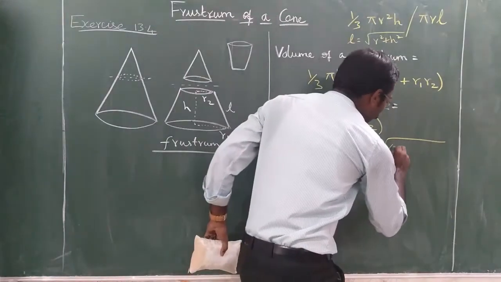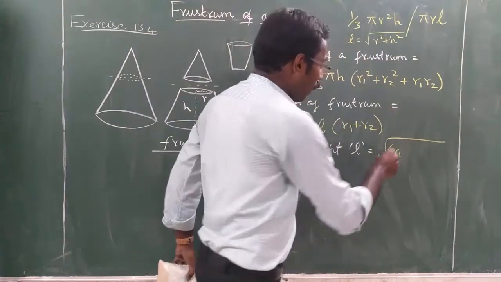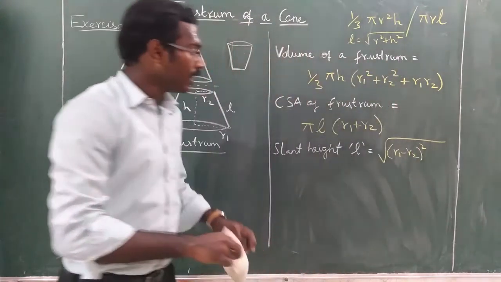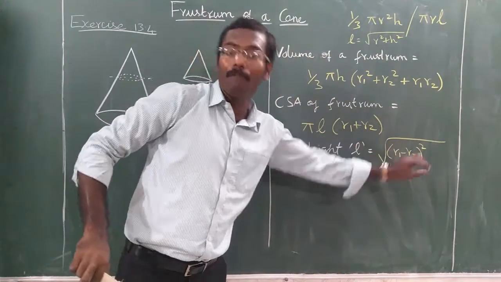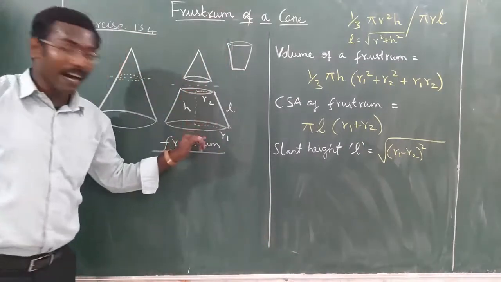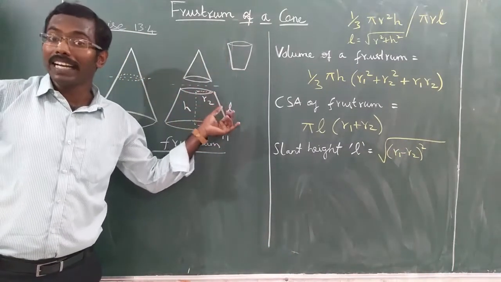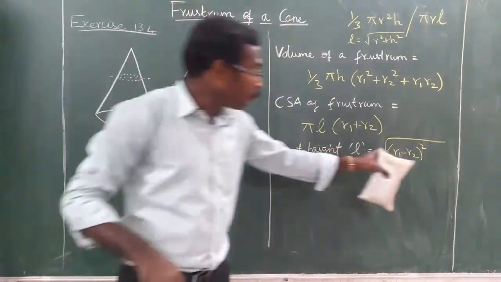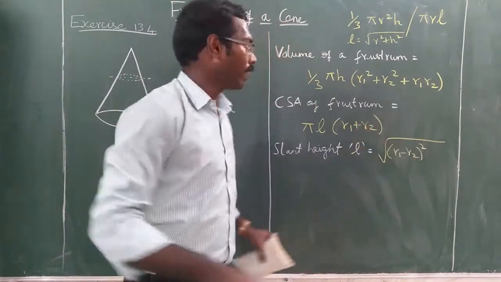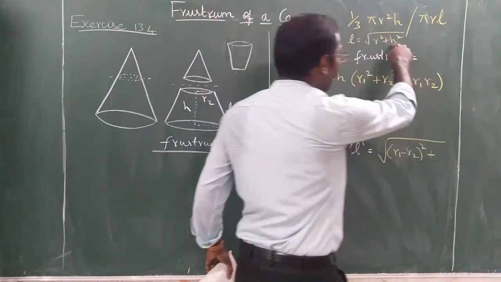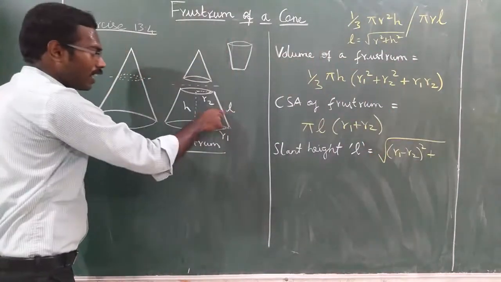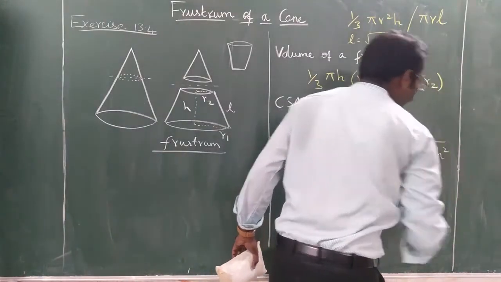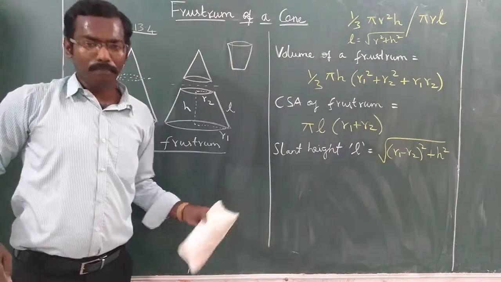So it is big radius r1 minus r2 whole square. Understood or not? Here we wrote plus, but here minus. Because there are two radius, one big radius and small radius, we have to subtract the small radius from the big radius. So r1 minus r2 the whole square plus h square. Here also h, here also h. So write as h square. Is it clear? That's all.